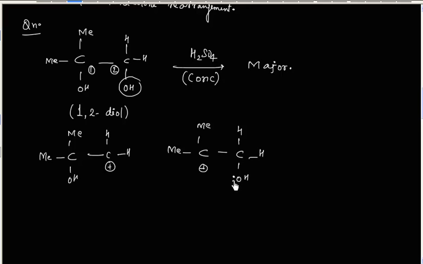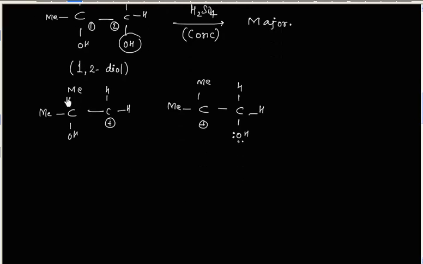So in the first step, the carbocation that is more stable is generally formed. So this carbocation will not be formed because it is a 1 degree carbocation. Now this one is formed.